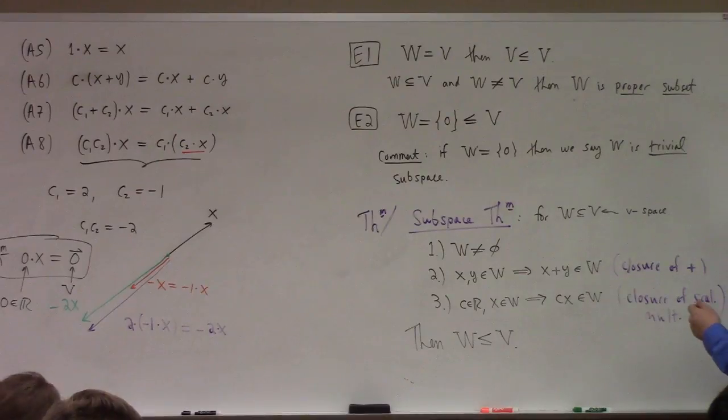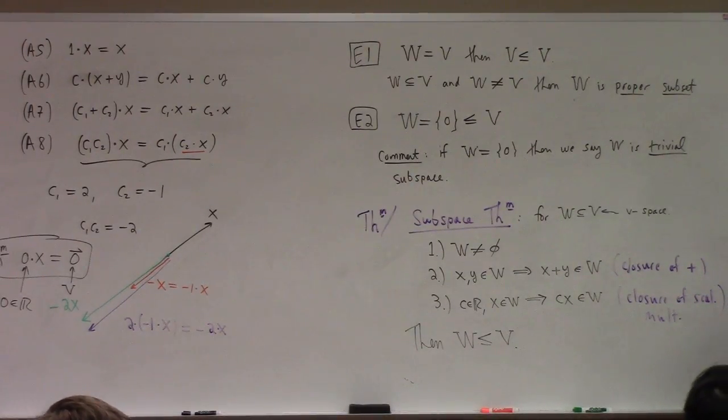W equals the set of A such that A is in R n by n, so it's an n by n matrix, such that, here's the condition it meets, A transpose equals A. So we'd like to show that that is a subspace.